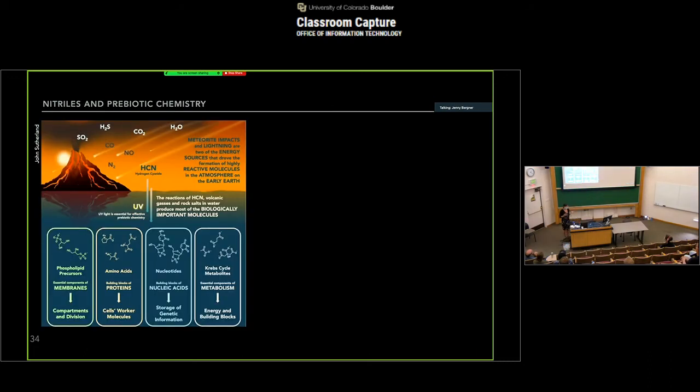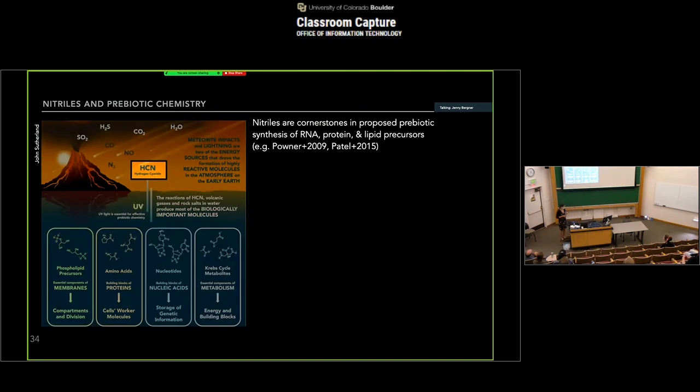Now, let's take a step back and think about the importance of observing these nitriles. It turns out that in many prebiotic chemical frameworks, nitriles are keystones in the chemical synthesis of larger organic molecules like amino acids, nucleic acids, and so forth.